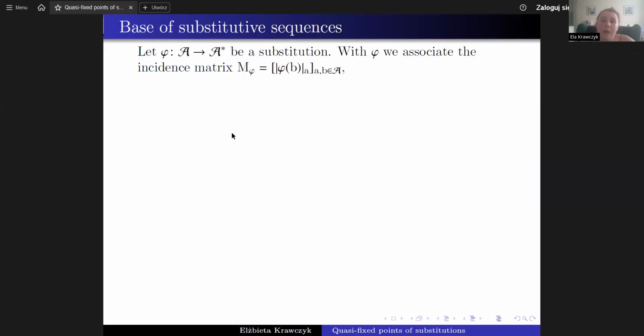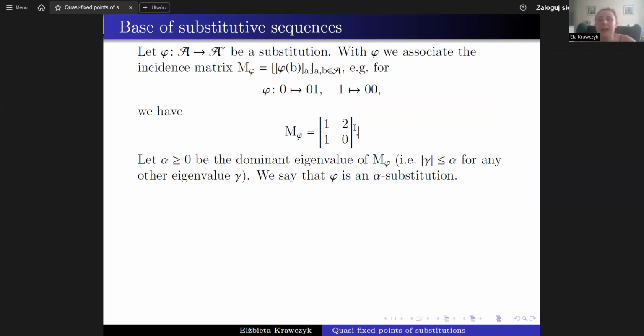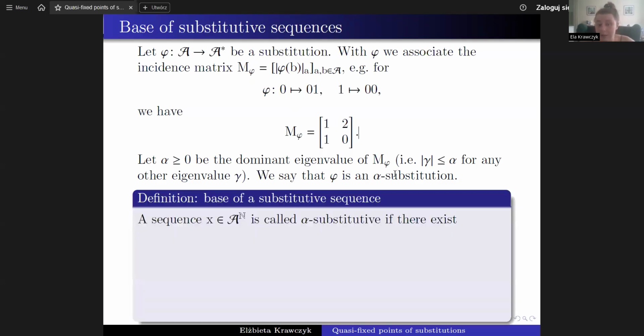Okay, so now what I would mean by a base of a substitutive sequence, I'm going to be brief here. With any substitution, one can introduce a certain incidence matrix. In the case of a constant length substitution, this matrix has dominant eigenvalue k. In general, it has some dominant eigenvalue, which is some Perron number, say alpha, and then I say that phi is an alpha substitution.